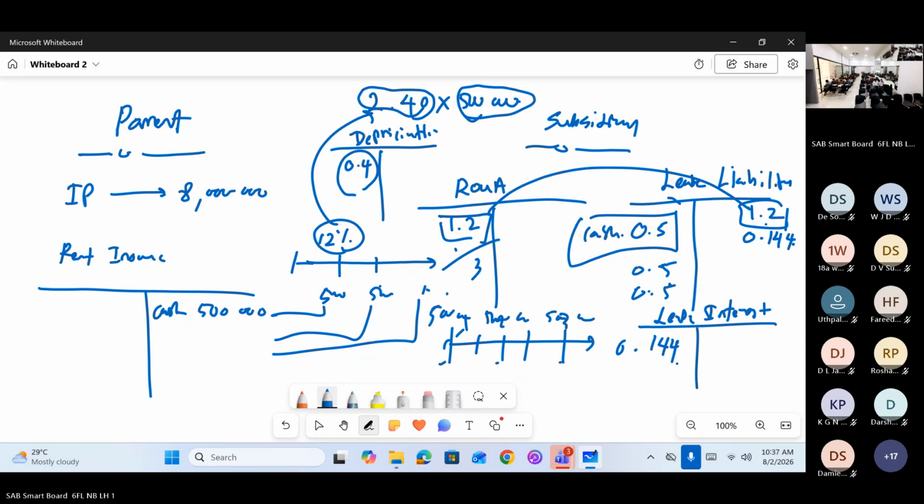Right? Depreciation debit, credit to account. This is how you have recorded in the subsidiary books.